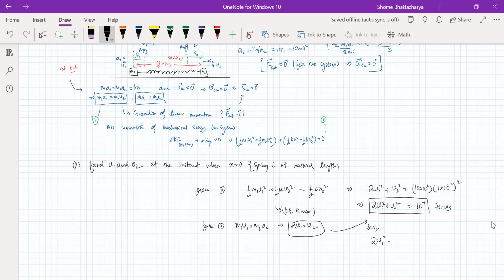So 2v1 square plus 2v1 whole square is 10 raised to minus 1. That's 6v1 square is 0.1. So v1 is equal to square root of 1 by 60 meters per second, and V2 becomes square root of 1 by 15, because it's 2 times.